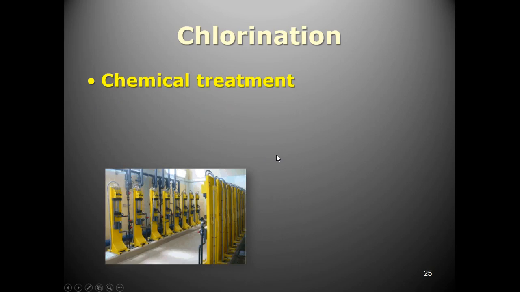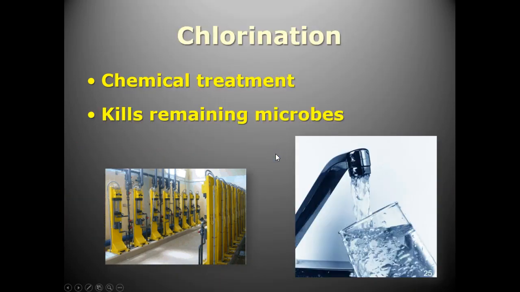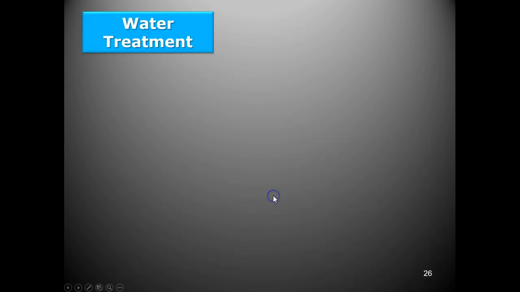But just to make sure, the last step in this is going to be a chlorination. They treat it at a certain level that's going to kill the pathogens and any other microbes that are in there, so that the water that we get through our tap should be microorganism free. Same thing for your bottled water.